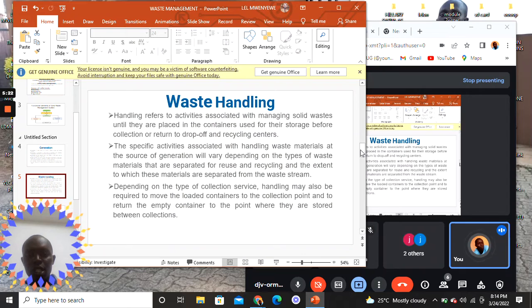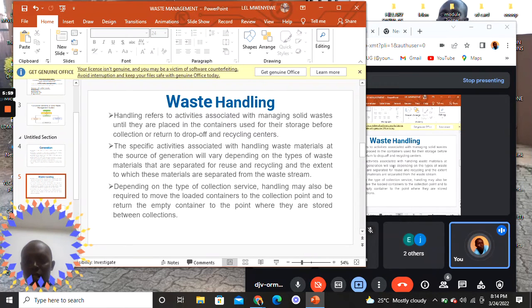As we move to the second step, which is solid waste handling, waste handling refers to the activities associated with managing solid waste until they are placed in the containers used for their storage before collection or return to drop-off or recycling centers.